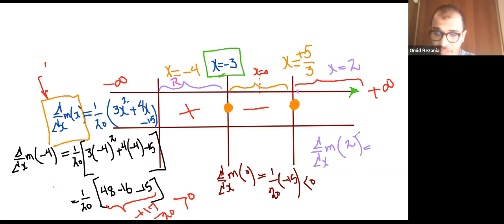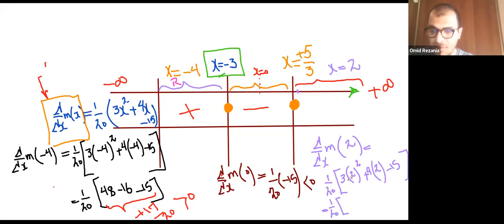Then as a result, if I get 2, I plug 2 inside the equation, then I get 1 over 20, then I have 3 times 2 squared plus 4 times 2 minus 15. What is that going to become? Becomes 1 over 20, which is not very important. I have 3 times 4 becomes 12.